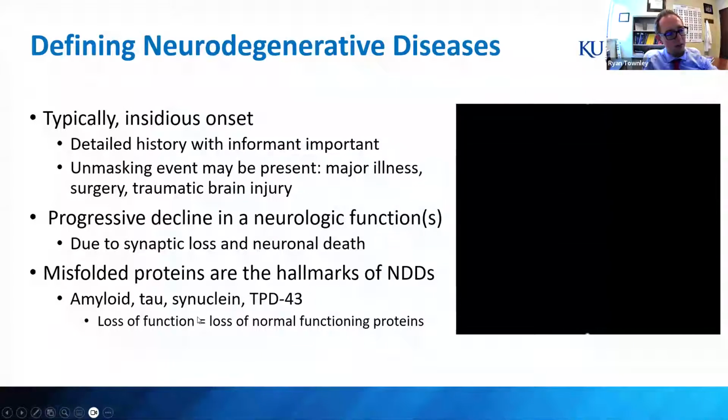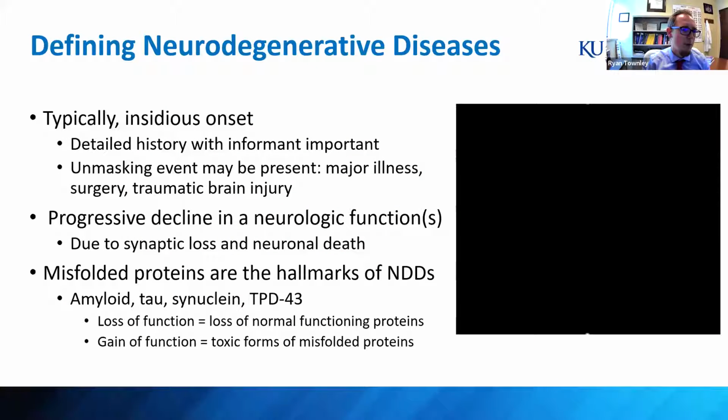And the thought with these proteins is these are all very essential functional parts of a cell. And so we're getting a loss of the normal functioning protein when they start to clump up into plaques and tangles. But there's also probably some amount of gain of function toxicity as well, especially within the cell.